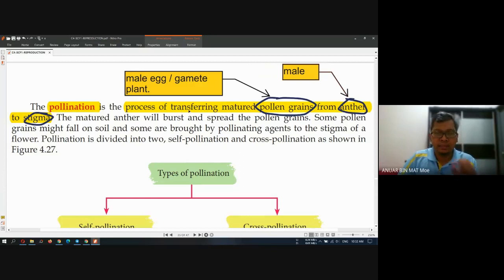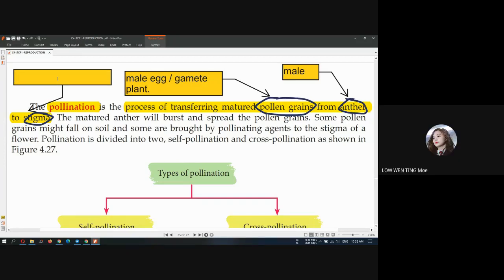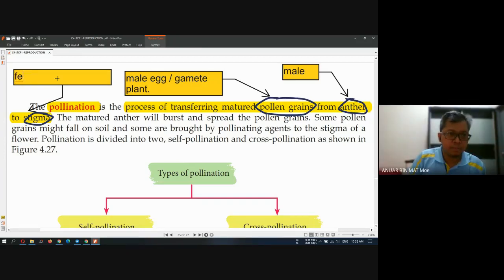So it is the transfer of matured pollen grain from anther to where? To stigma. Is stigma male or female? Stigma is female.